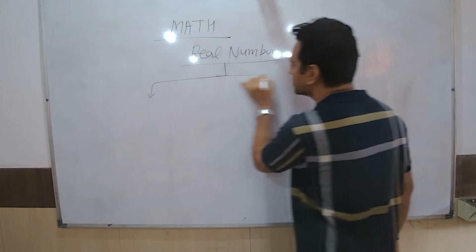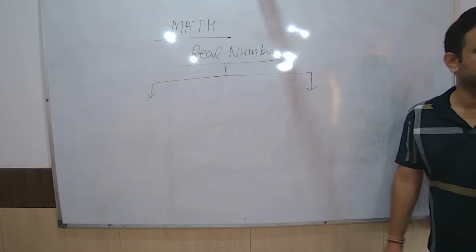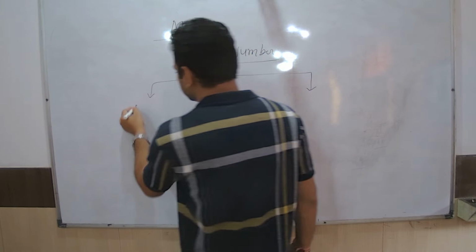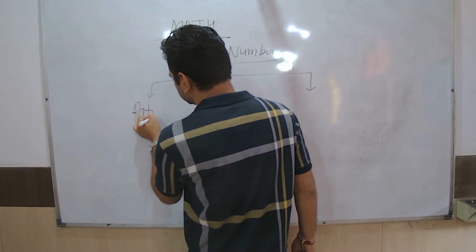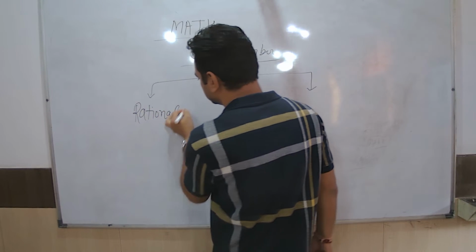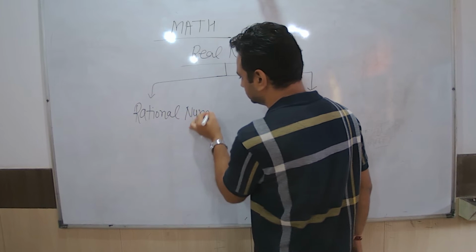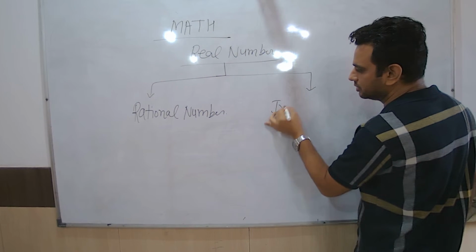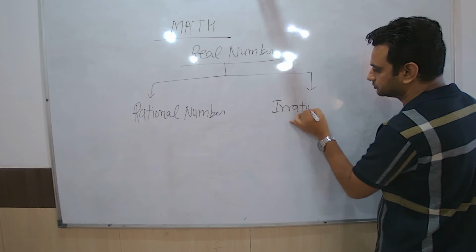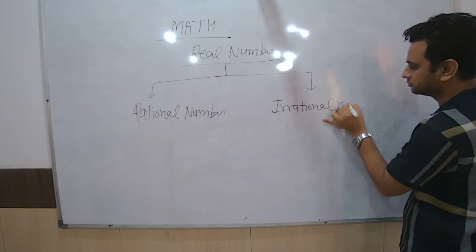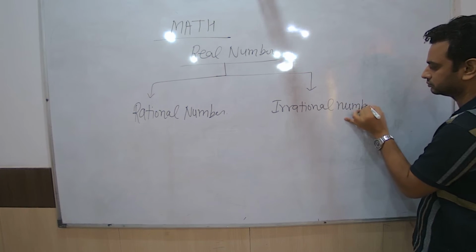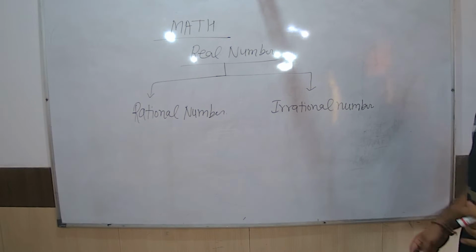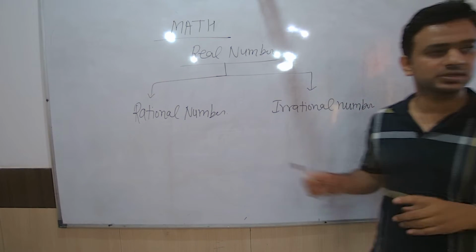So actually real numbers are of two types. First is rational number. Second one is irrational. What are rational numbers?